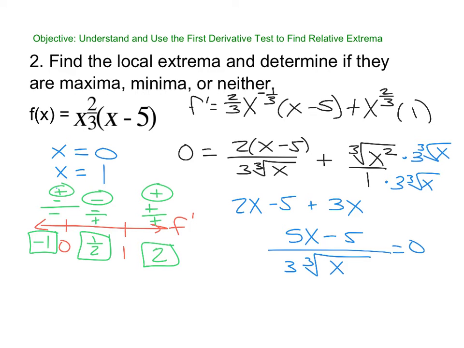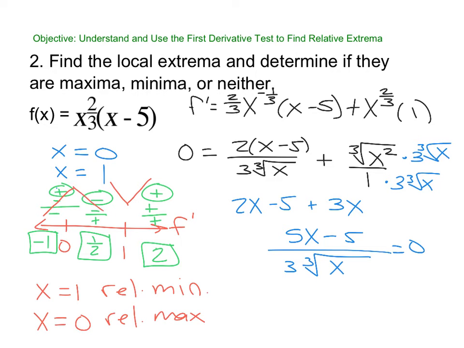So at x equals 1, what do we have? x equals 1, that's going from decreasing to increasing, is a relative min, and then x equals 0 is a relative max. Oops, I didn't finish writing that word. Because that's going positive slope to negative slope, right? f prime changes from minus to plus. f prime changes from plus to minus.